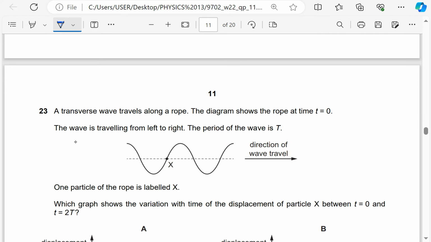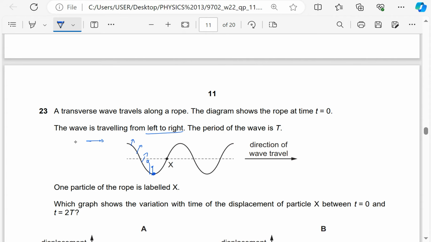The transverse wave travels along a rope. The diagram shows the rope at time t equals 0. The wave is traveling from left to right. So it's traveling like this, which means particles on this side must be vibrating upwards. A particle here is going to be at rest, but turning to, the next particle was vibrating upwards.